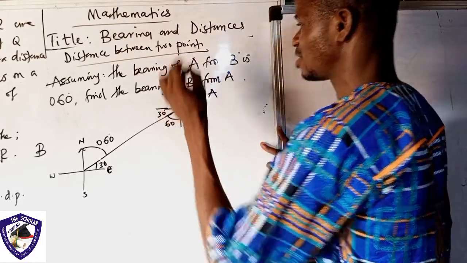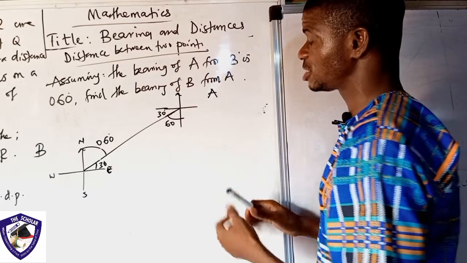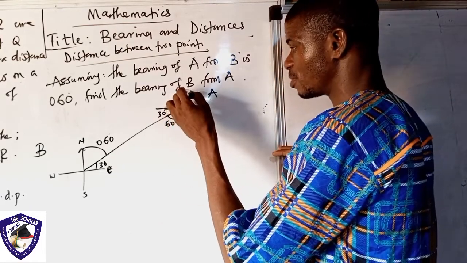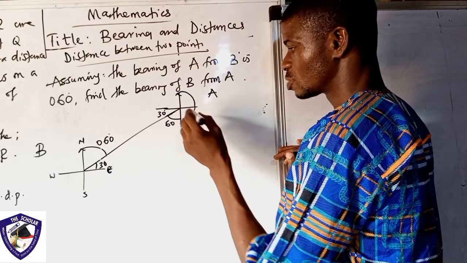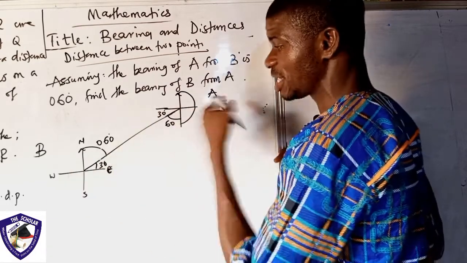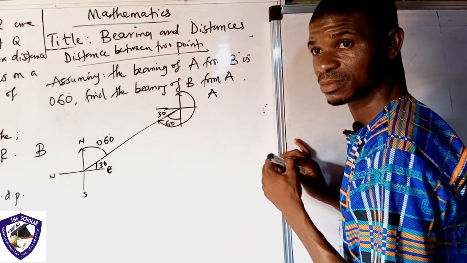So in that case now, we are moving in the clockwise direction, using the 3-digit method. So you start from the North Pole. 1, are you with me? 2, onto the line connecting the 2 points A and B. Which is this line? Then 3. So you stop here.